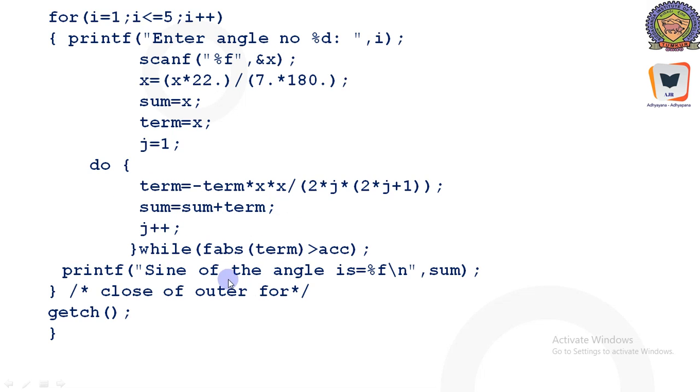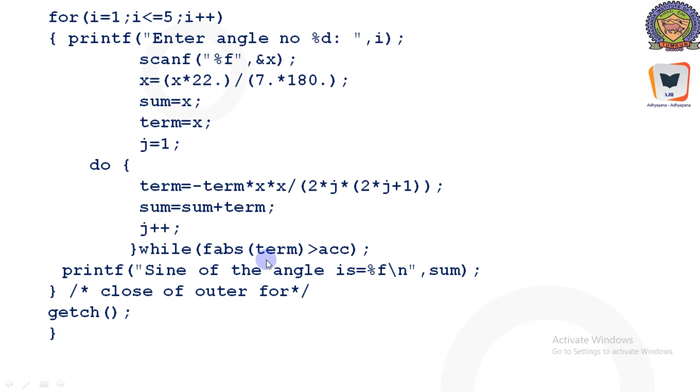And this while loop works as long as the absolute value of the term, it is FABS because the term is typically float in nature, because it is float in nature, where x value is in radians, which is also a float value. Okay, therefore FABS is used. It is wrong to use ABS.